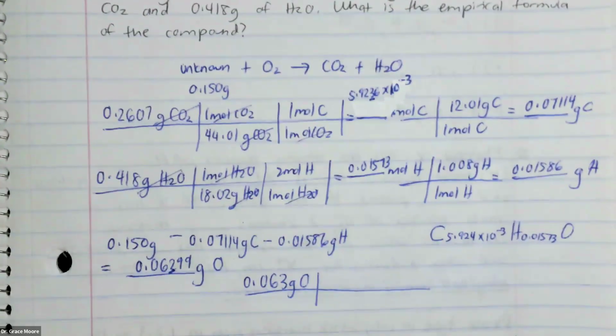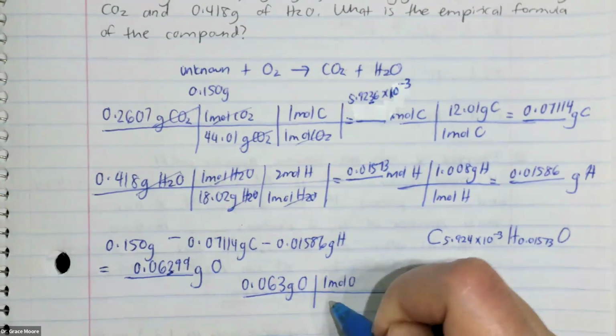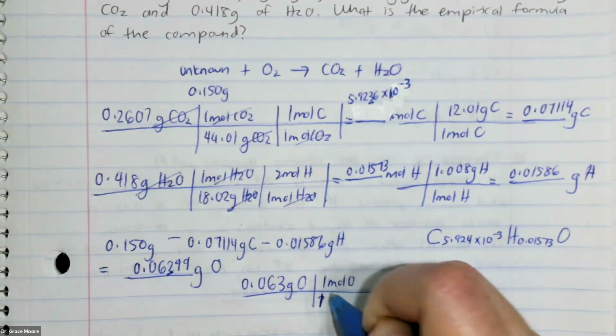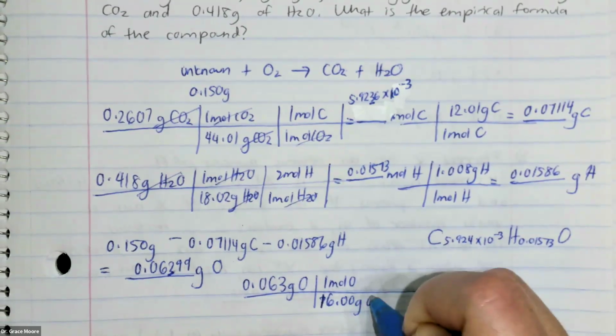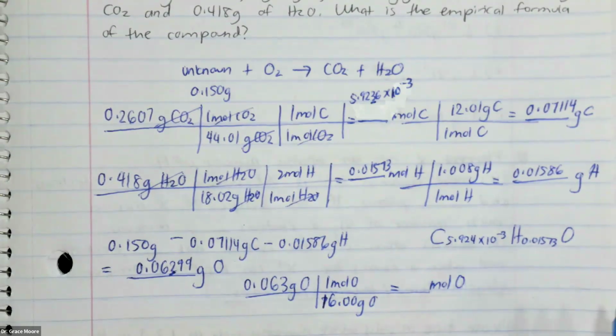We do the same thing here. See? 1 mole of O is to 16.00 grams of O. That should give me moles of O. Let's see what the number is. Oh, we should leave more space.